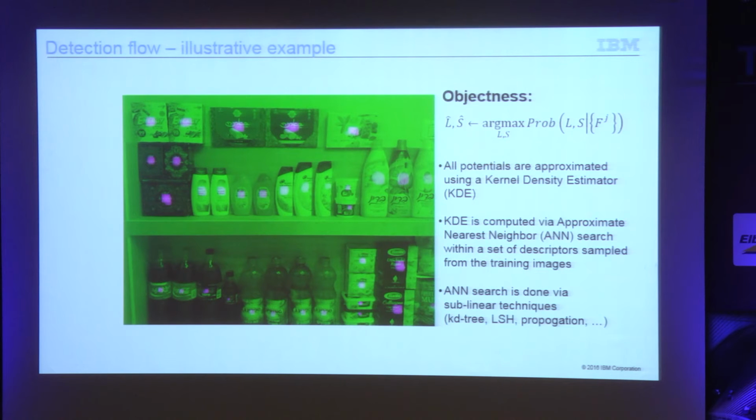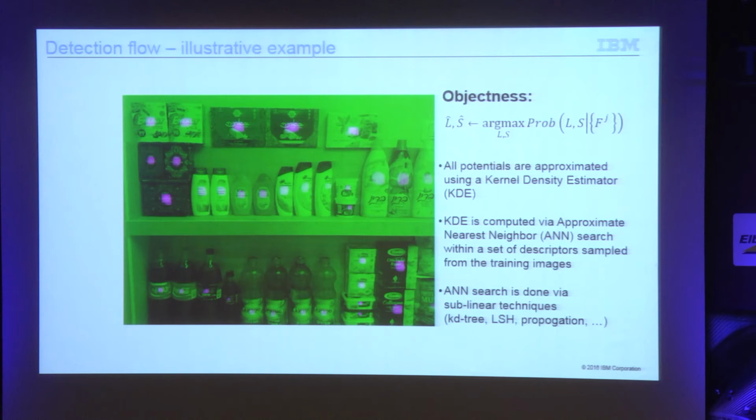Now, I'm not going to get into the details of this, but in order to compute this, we of course need to estimate all sorts of conditional probabilities for the descriptors given the unobserved variables. And to achieve this, we use the kernel density estimator, or Parzen windows, if you will, that is computed over a set of approximate nearest neighbors, which we get if we just look for the query descriptors inside the similarly computed set of training image descriptors computed over multiple scales.